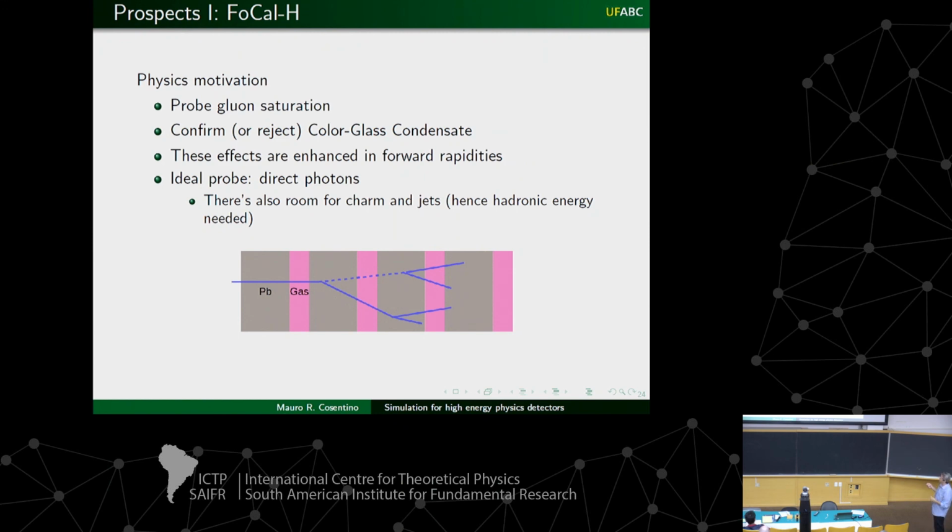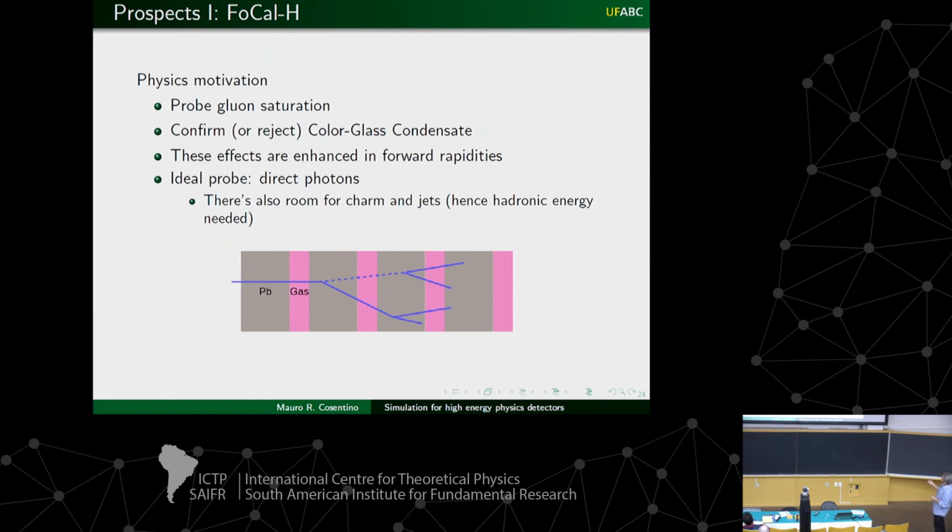The issue is that the FoCal is completely outside of the barrel, so there is no tracking in front of it. One of the things that we have also thought about is to put a thick GEM in front of the electromagnetic calorimeter to use it as a charged particle veto. But this idea is more of a separate project.